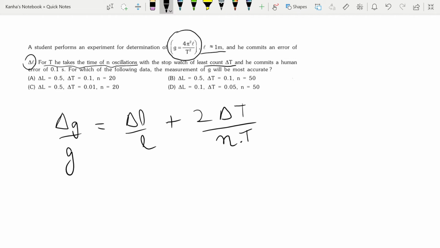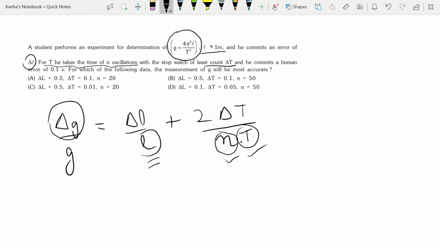Why? Because there are n oscillations being performed in total. So what we have here is your delta g depends on the value of n, t and L. Now L is fixed. Alright, so what can vary? Your n can vary and your t can vary.